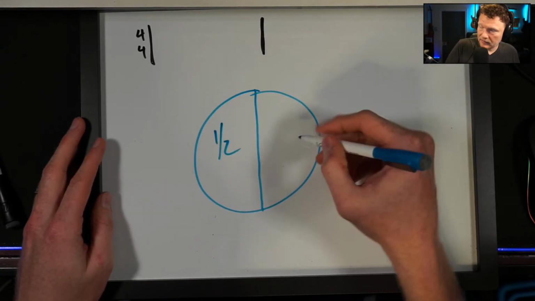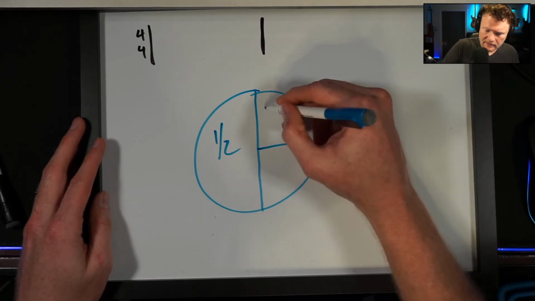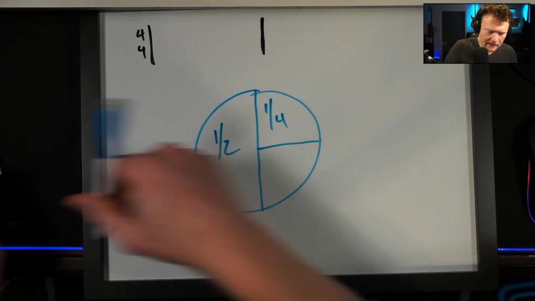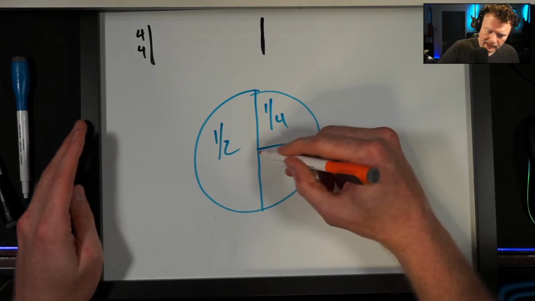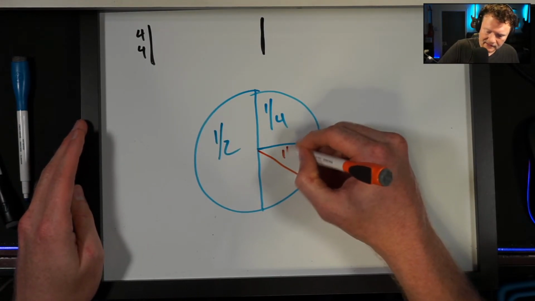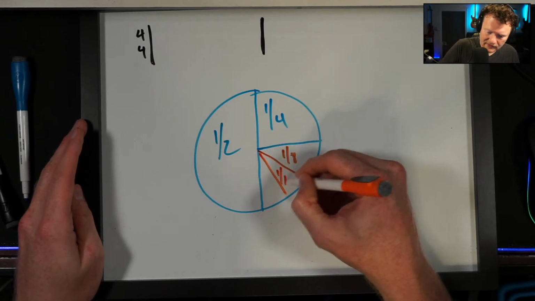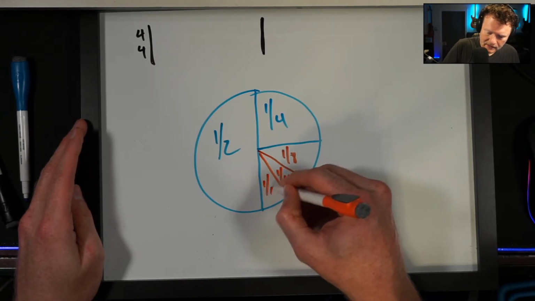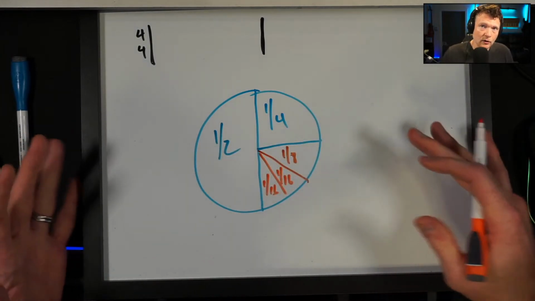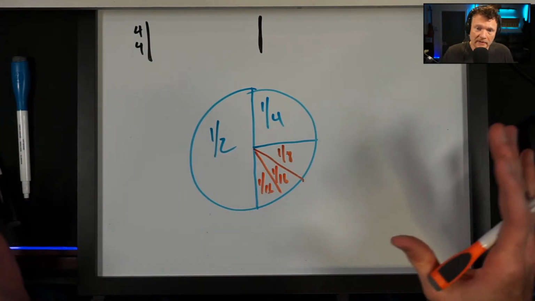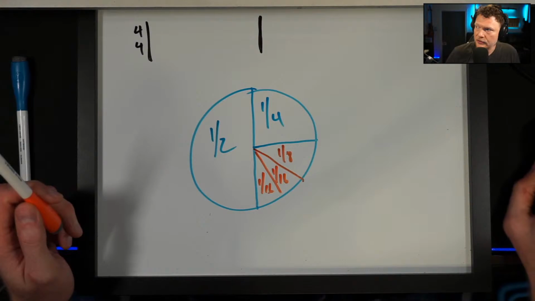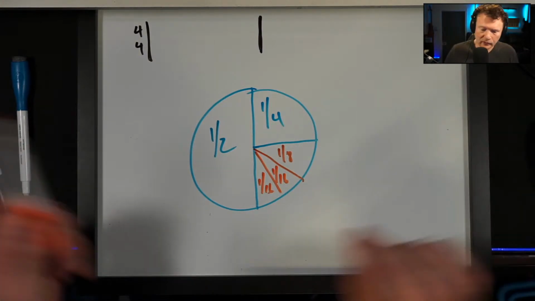And then I want to have a quarter slice for somebody. So, like that. And then maybe somebody else is going to get an 8th slice. And then somebody else is going to get 2 16ths, like that. So all of this is still one pizza. Nothing has changed here. It's all one pizza. It just depends on how you divide it up. So you have multiple different ways you could do that.